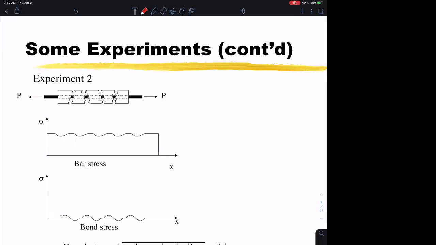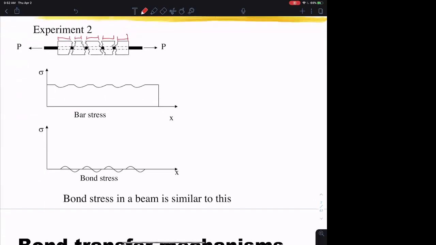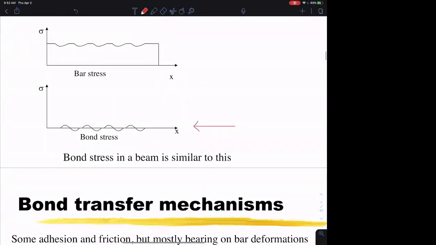And so how the stresses change, there's only stress in the parts of the concrete that don't crack, like this. And the bond stress is actually much, much lower. Okay? And so the bond stress in the beam is very similar to this. Well, that is just based on this little theory that we did with the tug of war.